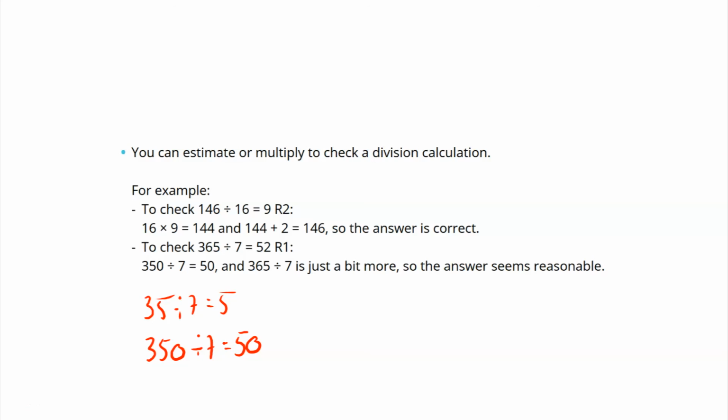And since 365 divided by 7 is just a little bit more, the number that we've got here, 52 with a remainder of 1, seems reasonable. It doesn't give us the same accuracy as when we actually worked out the exact calculations for multiplication and addition, but it still gives you a good indication that your response is correct.